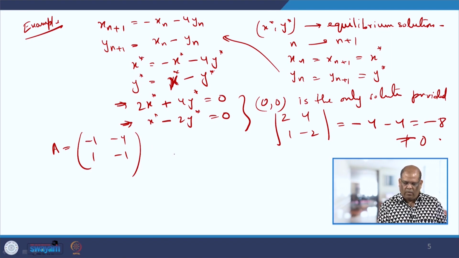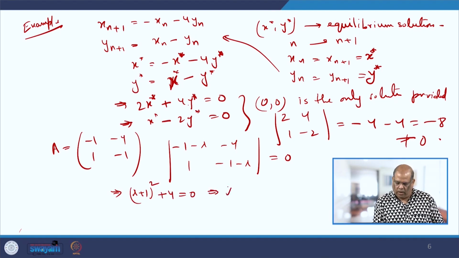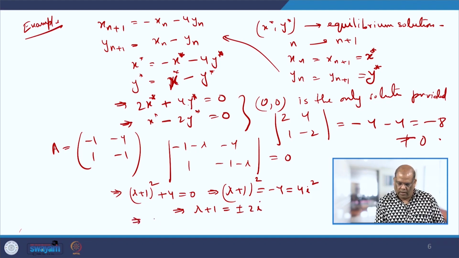So, I need the eigenvalue of this, that can be written as determinant of minus 1 minus lambda, minus 4, 1, minus 1 minus lambda equal to 0. This implies lambda plus 1 whole square plus 4 equal to 0, and this will give me lambda plus 1 whole square equal to minus 4, which is 4 i square, and this implies lambda plus 1 equal to plus minus 2i, and hence lambda equal to minus 1 plus minus 2i.